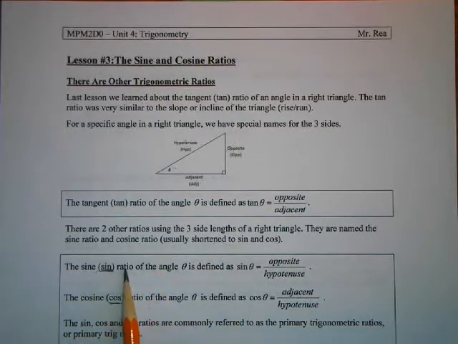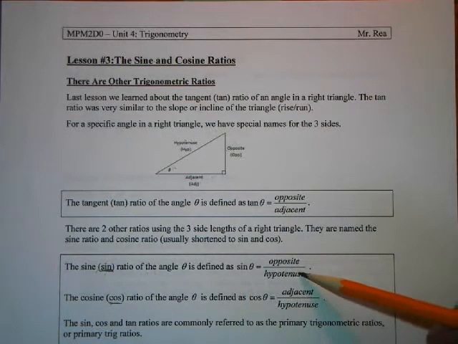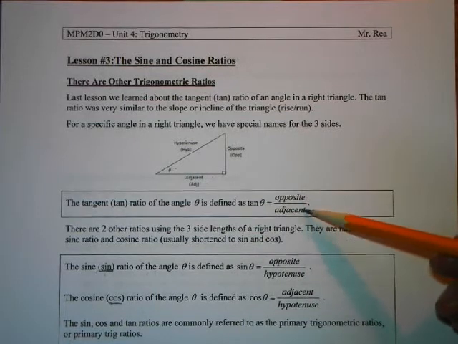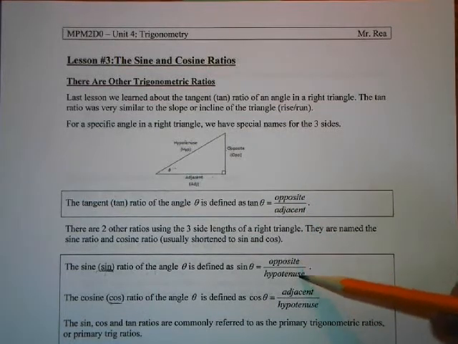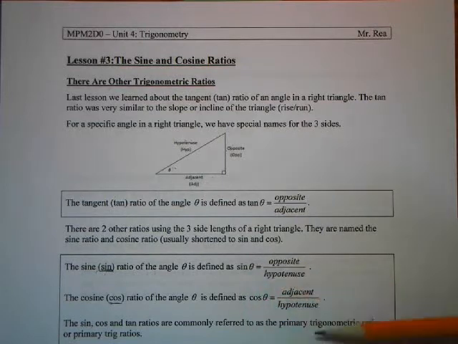Now here's the actual definition: the sine of an angle is the opposite side over the hypotenuse. Remember, the tan ratio was opposite over adjacent. This is opposite over hypotenuse. So if you know these two sides, you could use the sine ratio to get the angle.